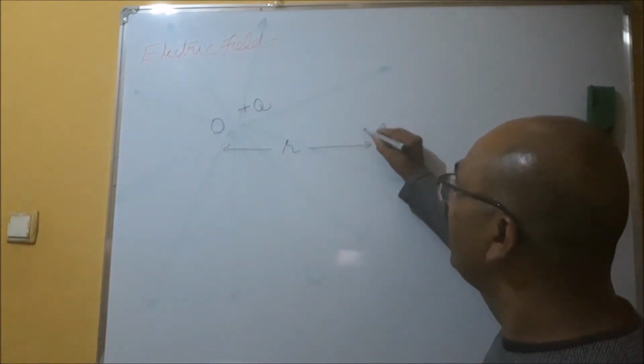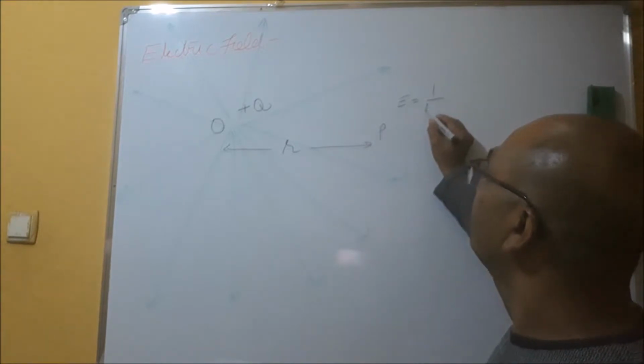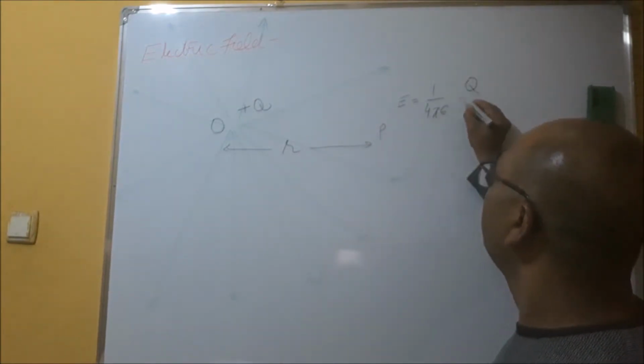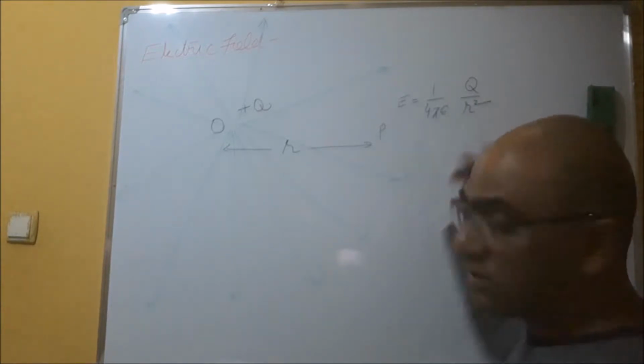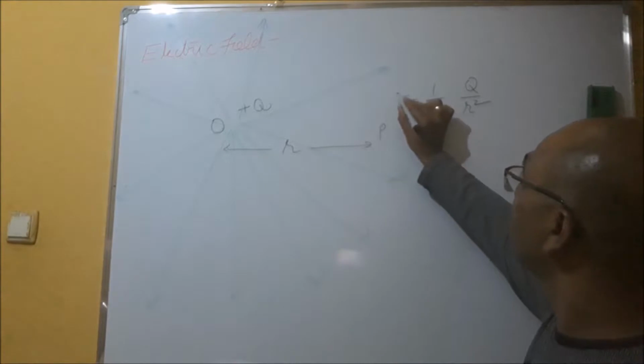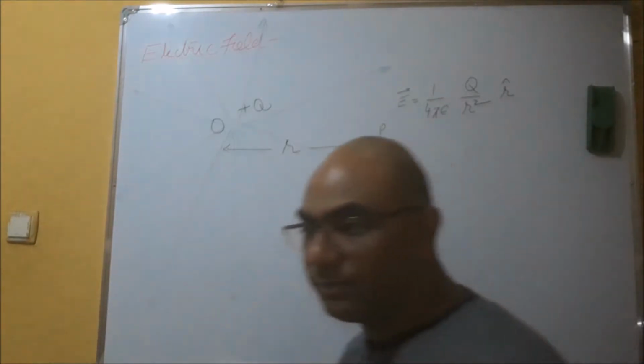The value of the electric field can be given by the formula E = 1 upon 4 pi epsilon times q upon r square, right? And if I also want the direction of E, then I will take E cap, r cap.